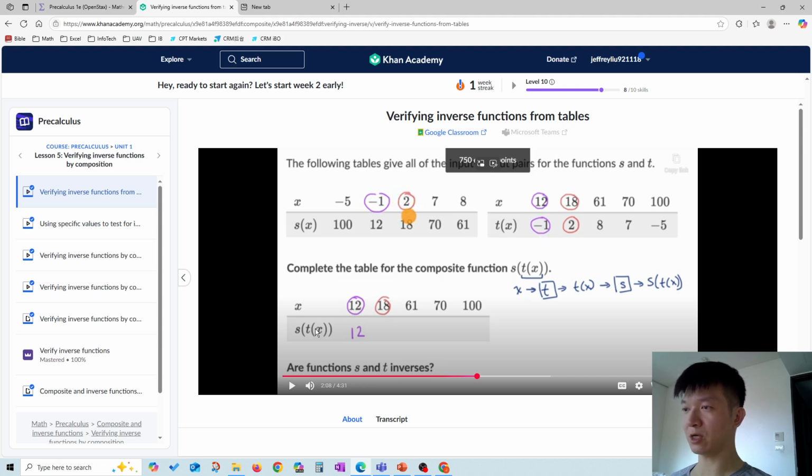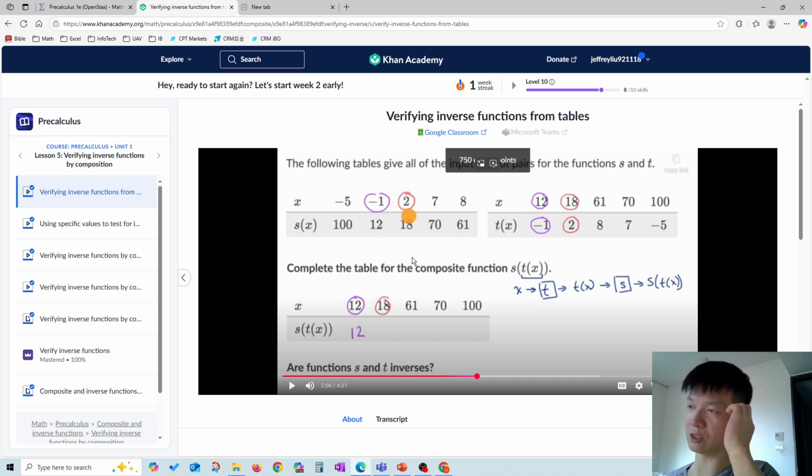Okay, so you're done with this, and you get your -1 as your x for s of x. So for your s, you're going to look at this table right here on the left, and you will find that -1 corresponds to 12. So you see here 12, -1, -1, 12.